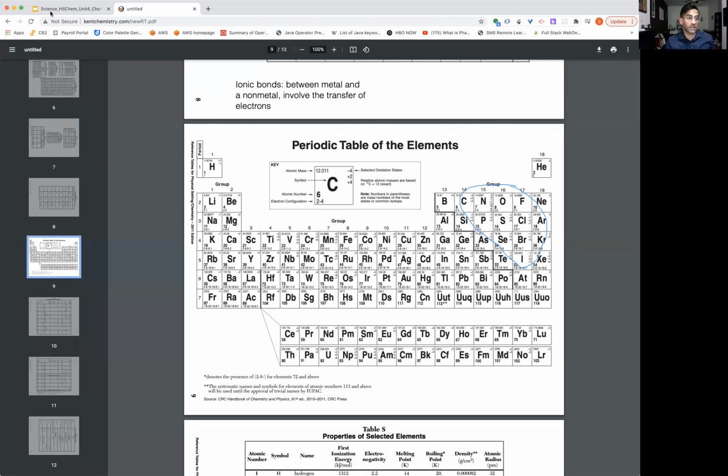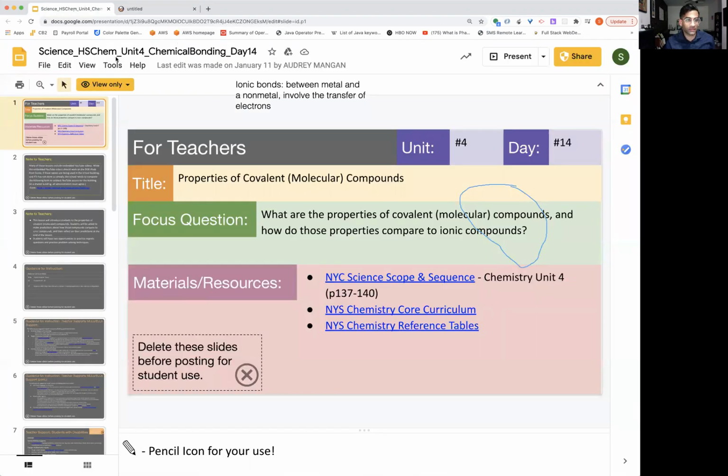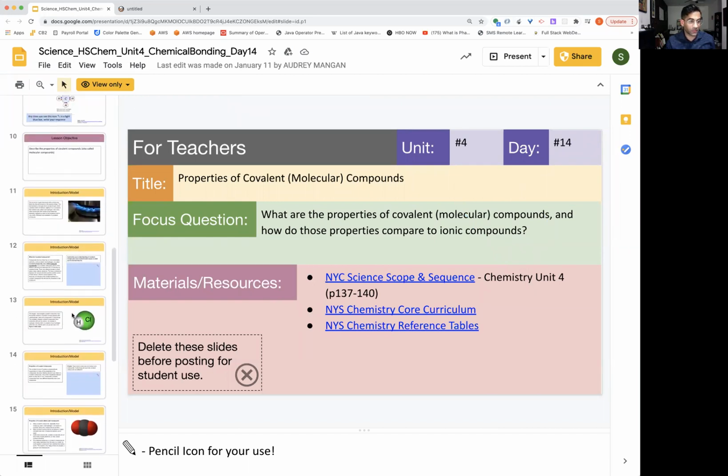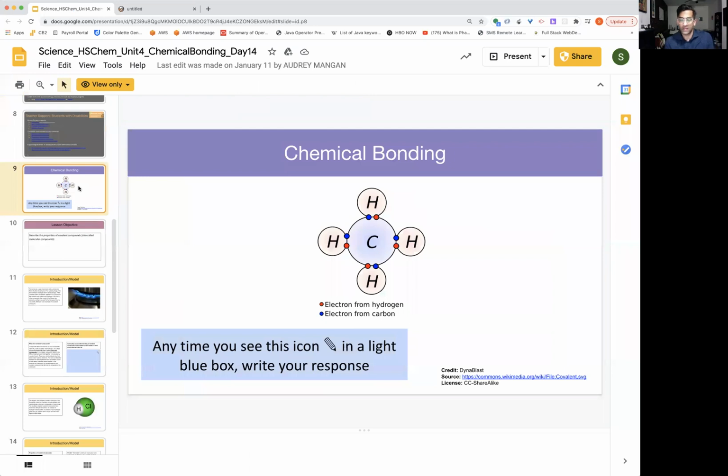And so there's an example of that on the slides. Let me clear the text here. We can see this example of a classic covalent bond, CH4. We can see the green valence electrons in carbon, the blue valence electrons in carbon, the red valence electrons of hydrogen.